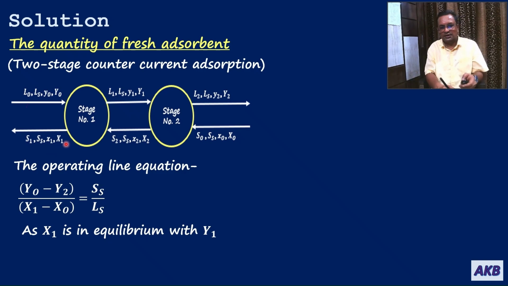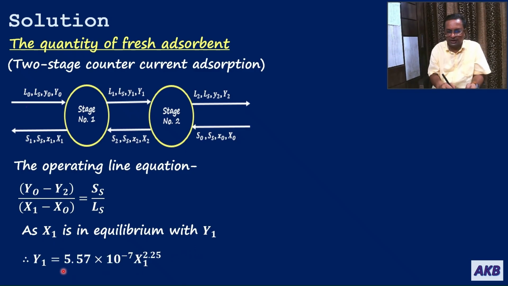In our discussion, we are assuming this stage to be an equilibrium stage, which means that the leaving phases are in equilibrium with each other. So in this case, capital Y1 is in equilibrium with capital X1. As X1 is in equilibrium with Y1, it should follow the equilibrium relationship.